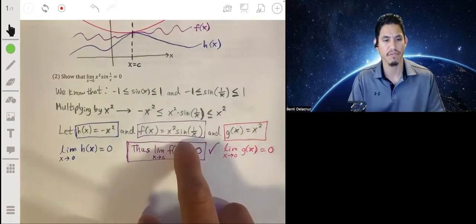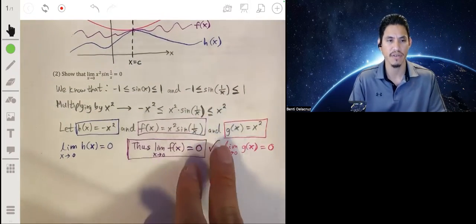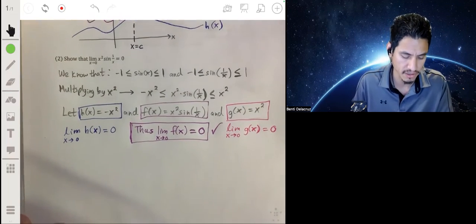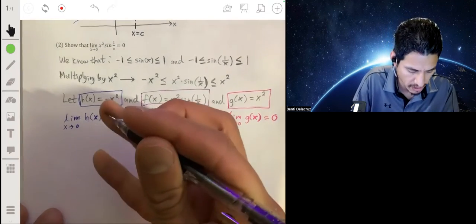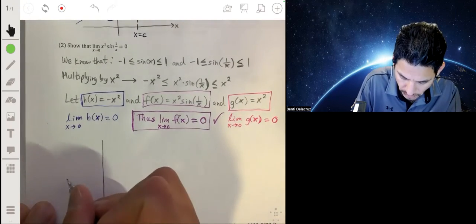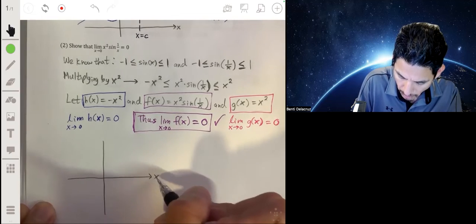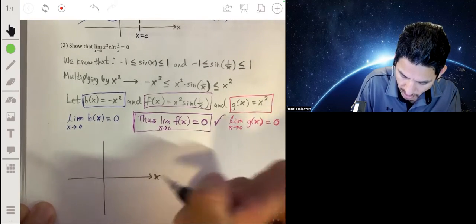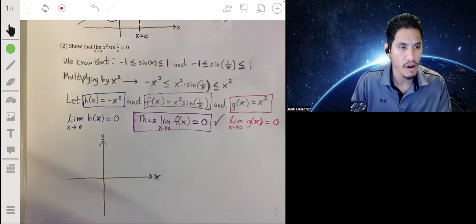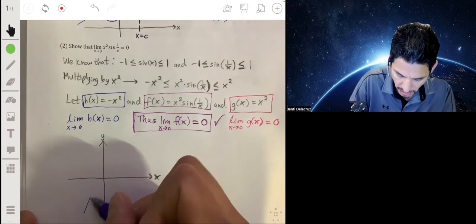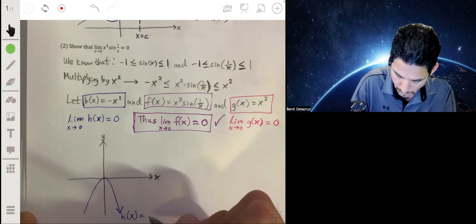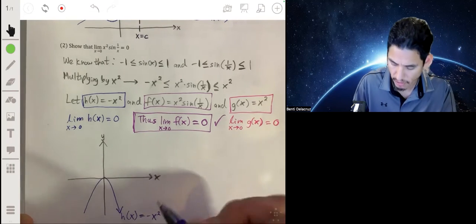Now, again, we can't really plug this in algebraically or make sense of it. But let's look at the picture, just to get some geometrical understanding. Let's graph our h of x and g of x functions. We know that h of x looks like this, a downward facing parabola going through the origin.